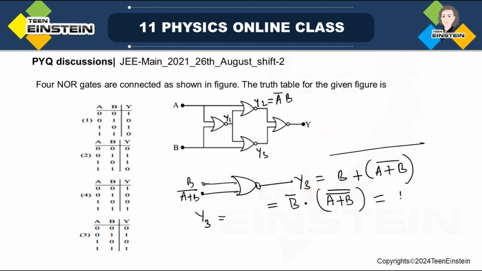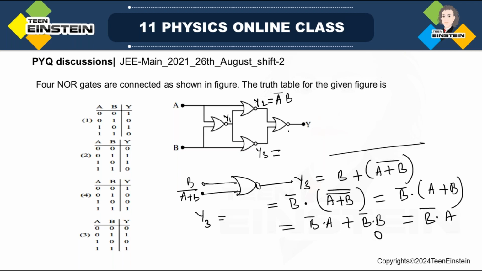So this will be B bar and A or B. So now from here we'll get B bar A, B bar B. So B bar and B will always be 0, so it will be B bar and A. So I have got B bar A, or I can write A B bar.